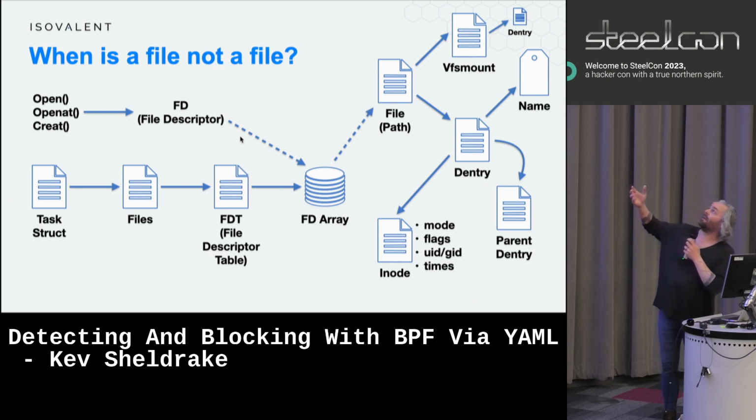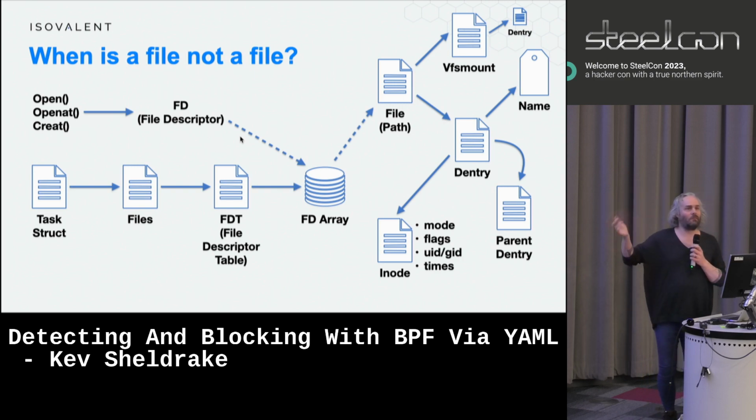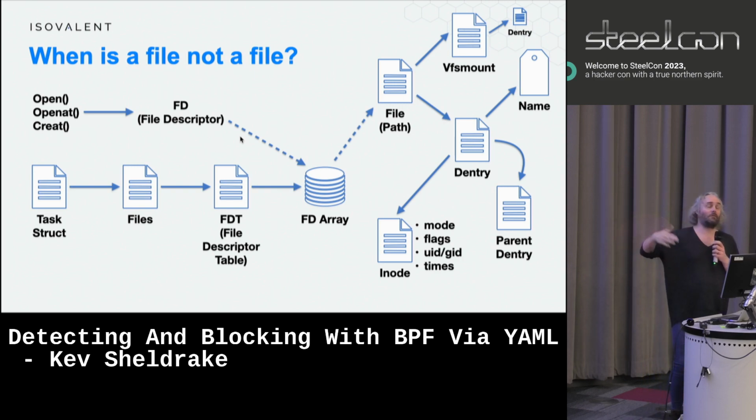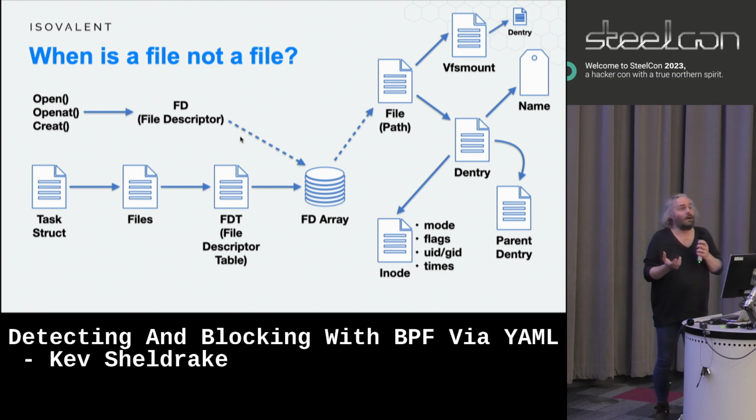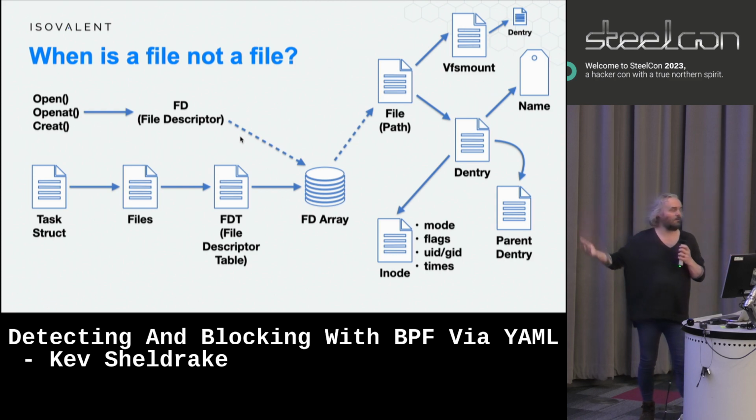So then you go to the VFS mount from that file, and have a look at where the file system has been mounted, which will give you a dentry for the mount point. And then you can do the same thing over that and recurse until you get to the root of that file system, which might be the root of the tree, but it might be the root of that particular file system mounted on another file system, and then you repeat.